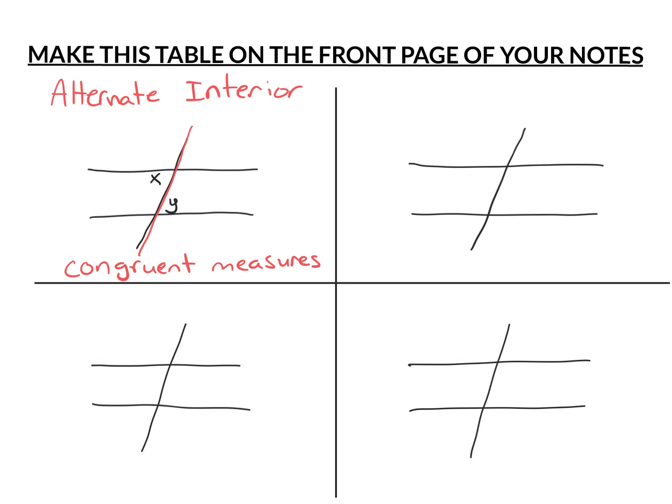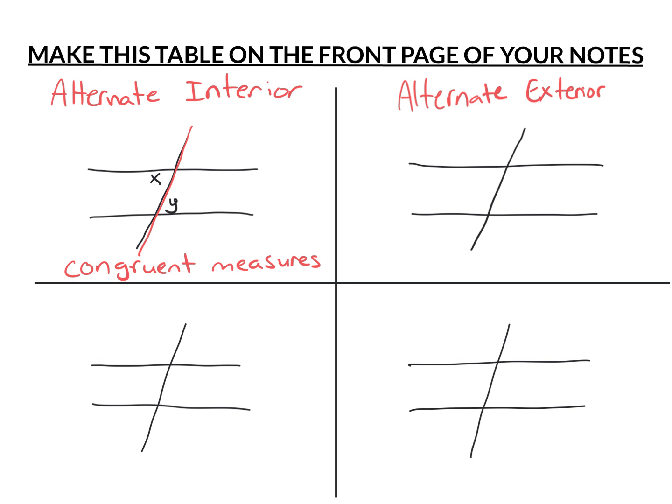Next one we're going to talk about is alternate, what do you think? Alternate exterior. Exterior means outside, so outside the parallel lines, and alternate means opposite sides of the transversal.